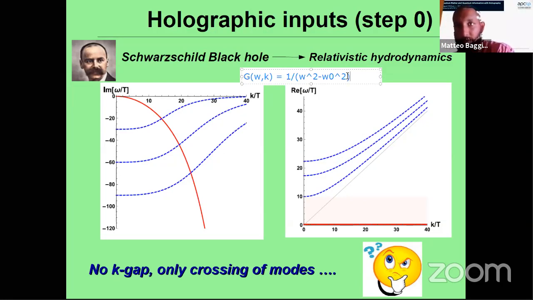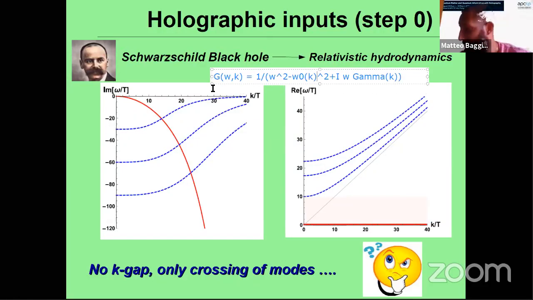Usually the structure is something like this. This is the usual structure of a Green function.